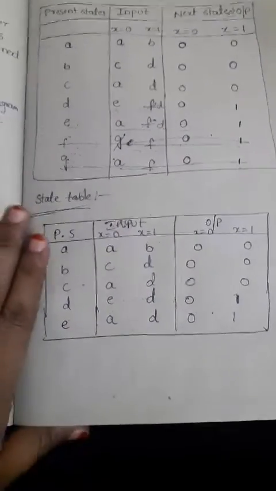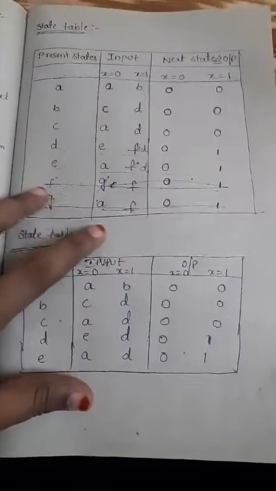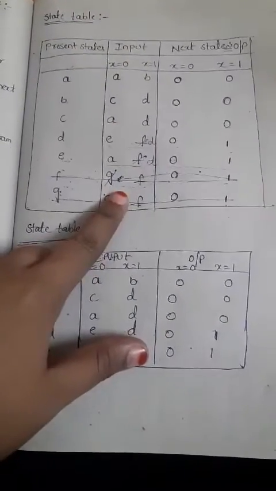So what is meant by state reduction here? If any two states are having similar possibilities, then you can eliminate that state, and wherever we are having that state in the state table, it will be replaced with another variable.